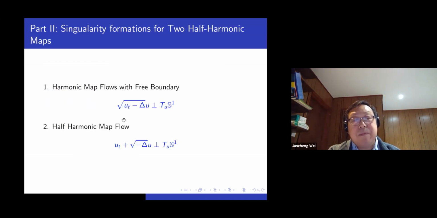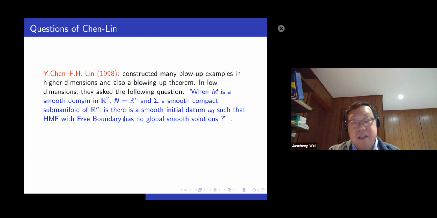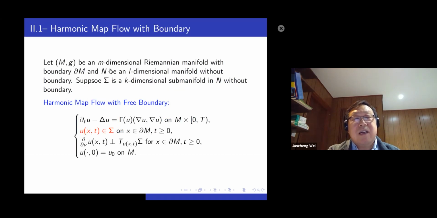So the first problem arises when we consider the harmonic map flow with free boundary. If you consider the Riemannian manifold M with some boundary, and the target N, and your map sends the boundary to a submanifold of N, then this is a harmonic map flow with a free boundary.